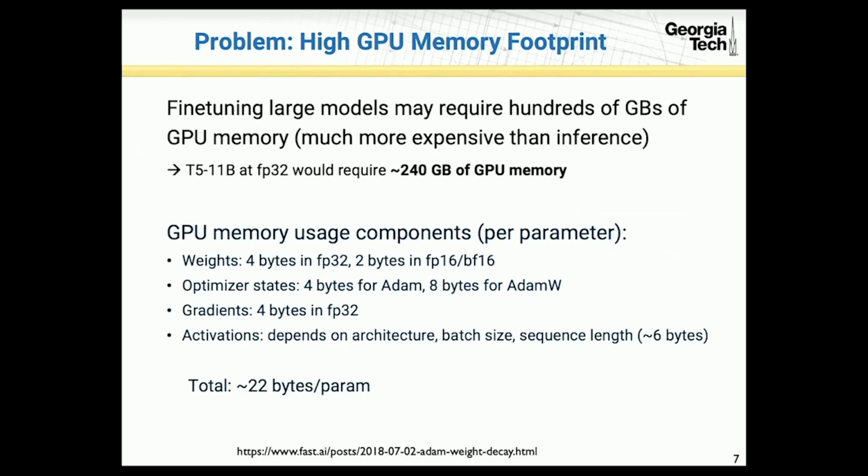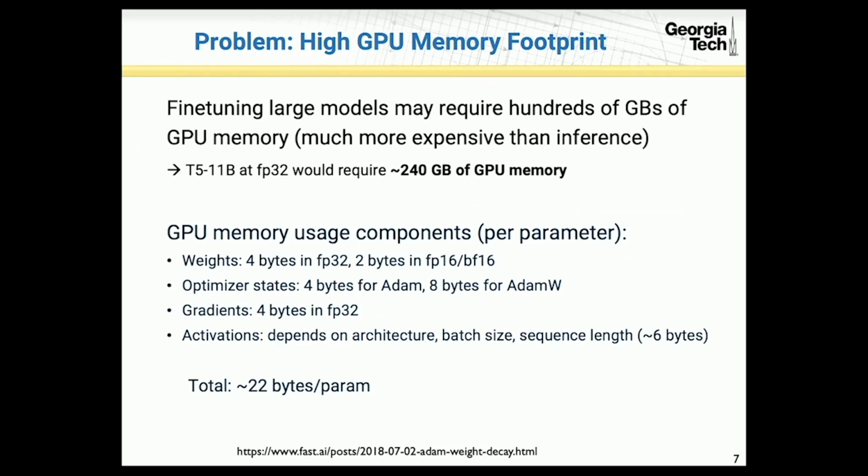If you look at most of the GPU usage for each parameter, you can add it up to about 22 bytes per parameter, based on the weight size, optimizer state size, gradient size, and activation states. So if your fine-tuned model is FP32 and has about 11 billion parameters, which is only 15% of a 70 billion model, you still need about 240 gigabytes of GPU memory.